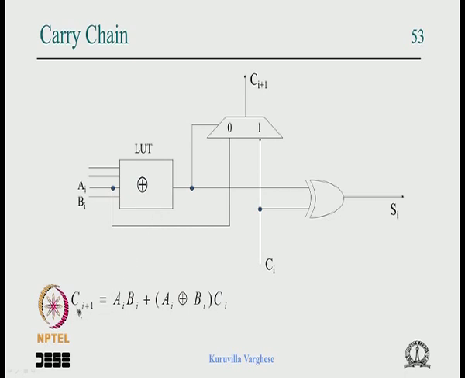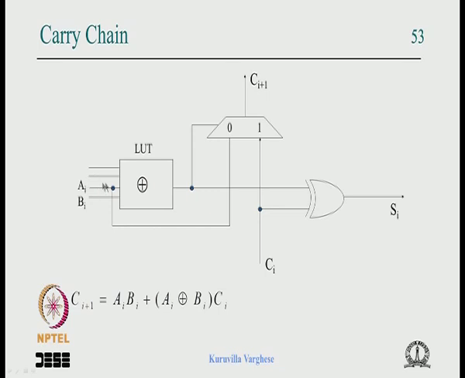So this equation is implemented here, in this lookup table and this mux, that is what it does. We will see that in the real CLB, but before going there, this is the lookup table, a 4-input lookup table. What is done is that Ai and Bi are connected here. Mind you, the Ci is not connected here.